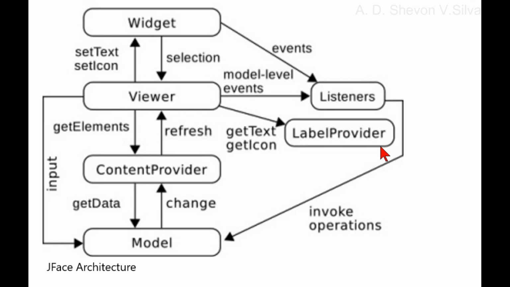A table viewer or tree viewer will request one combination for each column. The viewer will also observe the label provider to be notified about changes of the text and icons to be displayed.